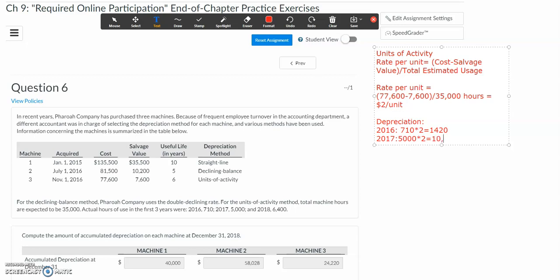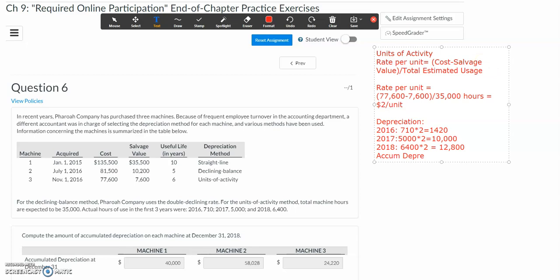So our depreciation is going to be 10,000 because we used it for a longer period of time, so more hours. And then our last one is 6,400 times 2. So we have 12,800, and your accumulated depreciation is going to be all of these added together.